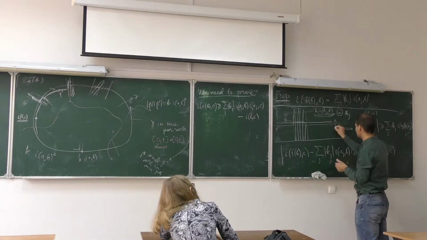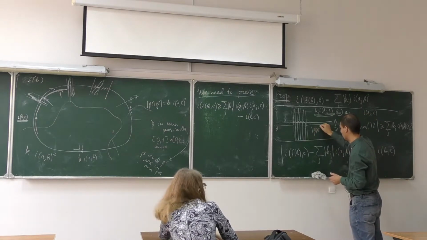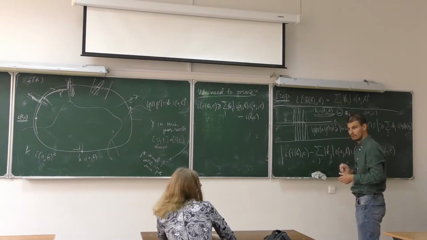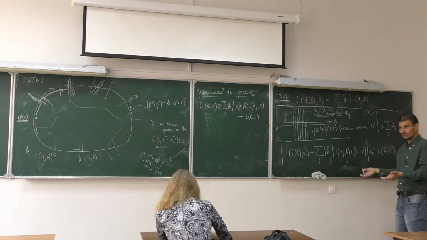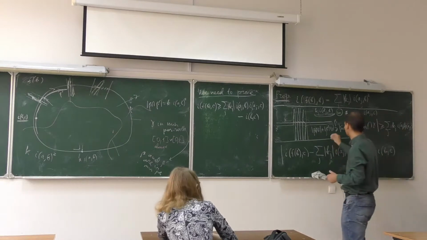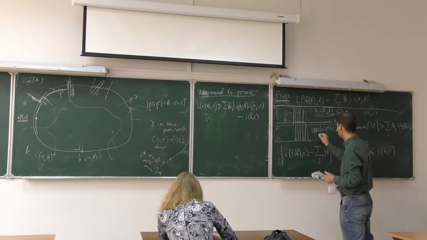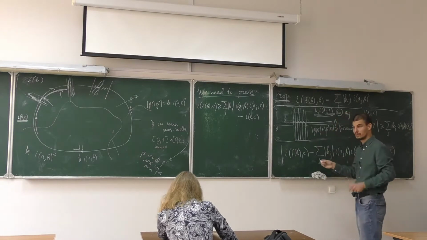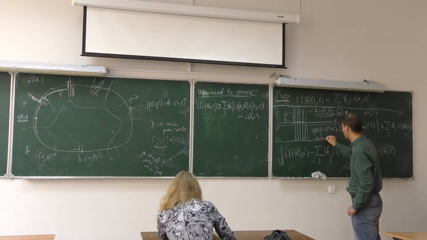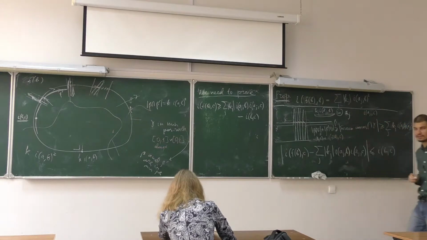So this is less than or equal to the number of crossings of beta with gamma plus the number of crossings of beta prime with gamma. We have part of beta and part of beta prime. And this is what is required. Since they are in minimal position, this is exactly I of BC plus I of F of BC. This is exactly what we need.